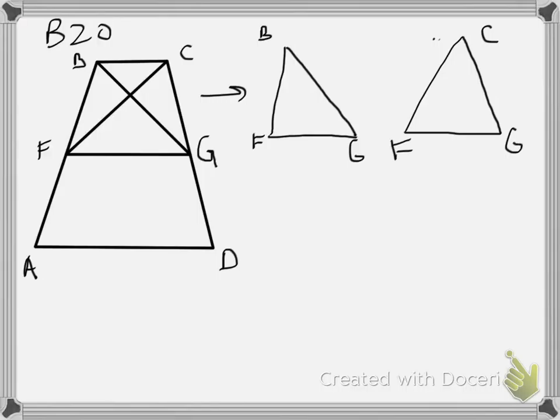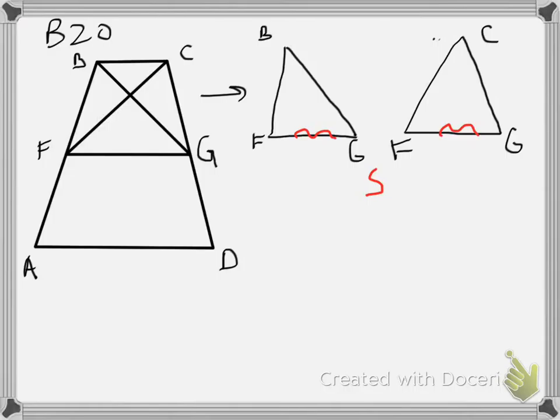The first thing is both of them have an FG. Okay, so that's important. That gives us an S. So let's look at the rest of the problem. One of the options is BFC and CGB. So where is that?